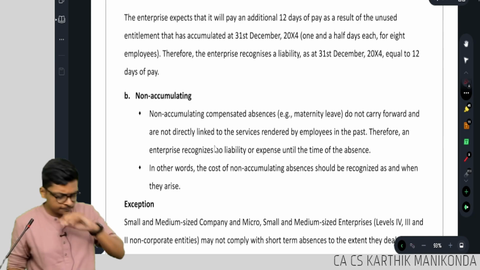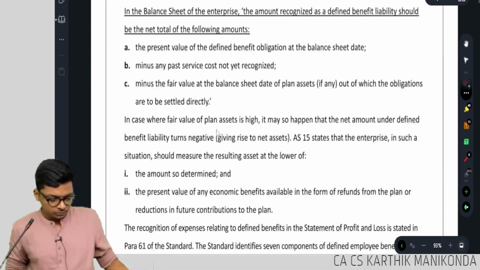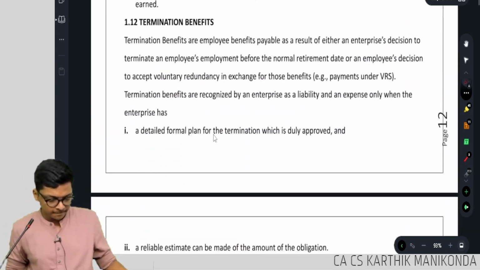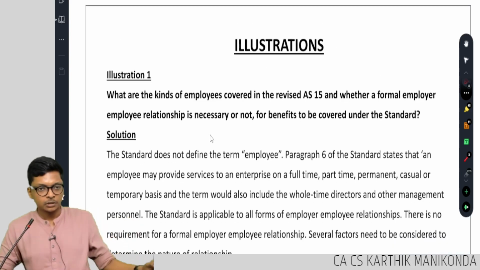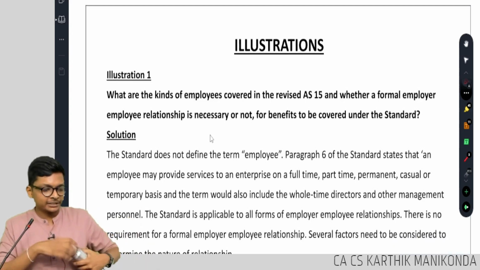Go to illustration 1. Quickly we can finish. First 3-4 sums we can do, illustrations.